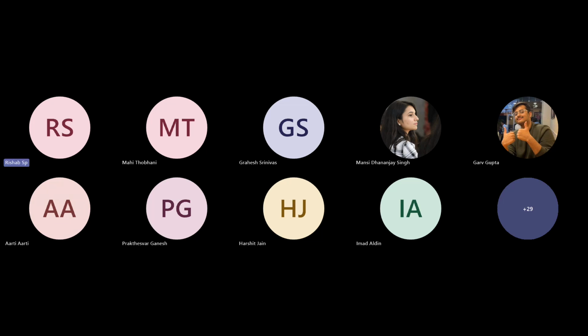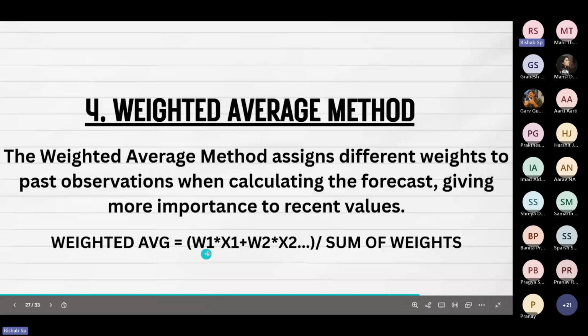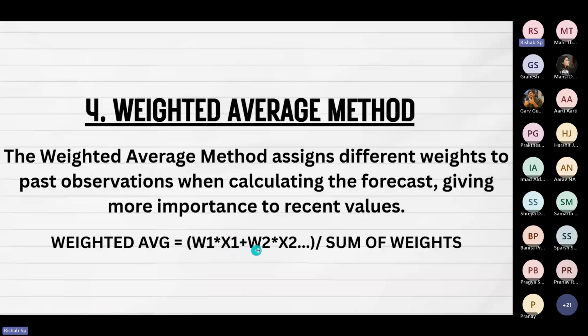So this is basically the weighted average method. There is a weight and there is a value, W1 into X1 plus W2 into X2, and the sum of weights. We get the weighted average value. So first we discussed the naive method, seasonal naive method, average method, weighted average method.